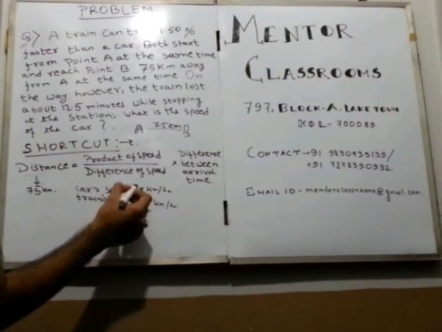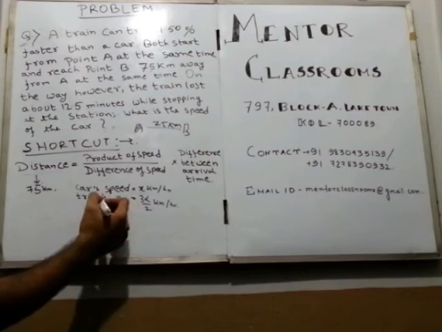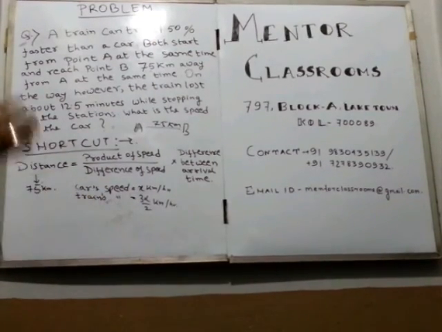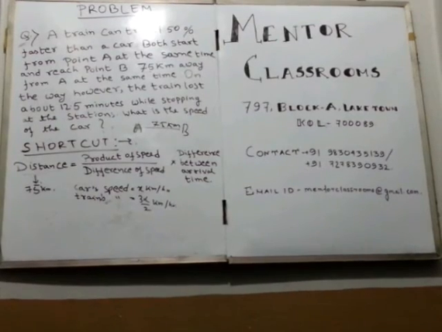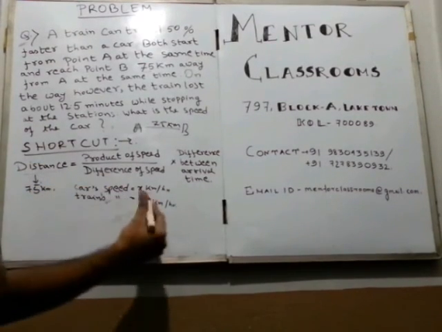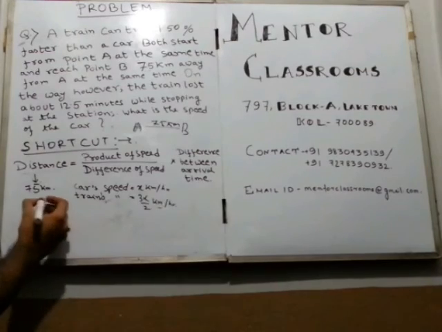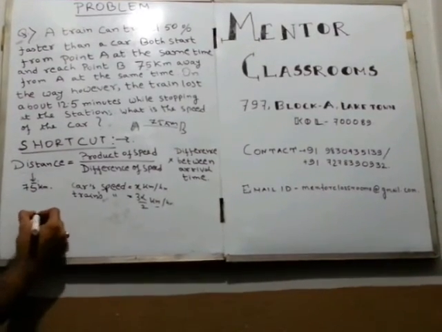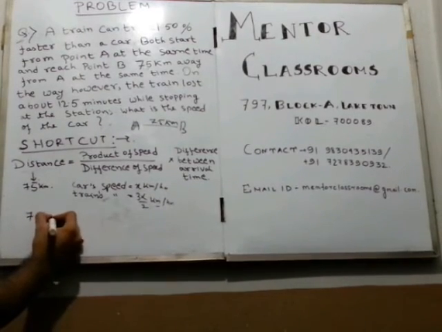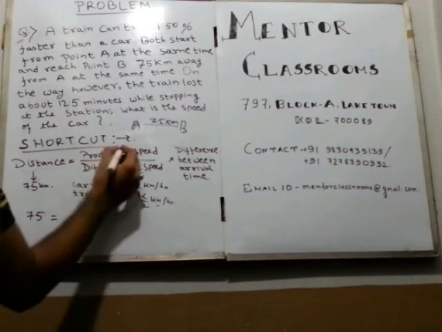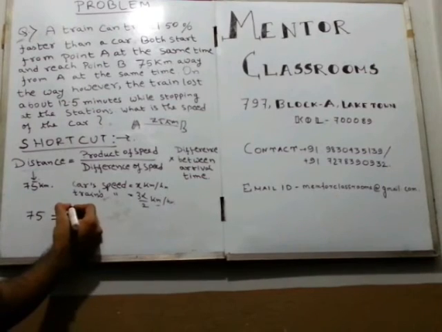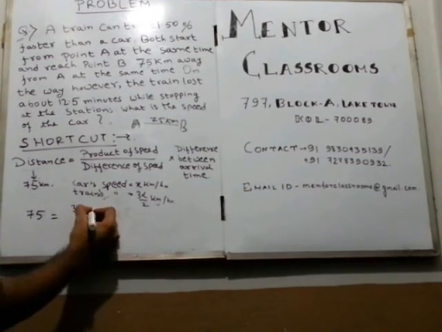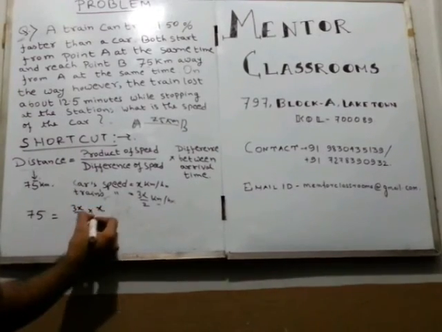As you can see, train speed is 50% more than car speed, so we have taken 150% of car speed. Now let's frame this equation. 75 equals the product of speed, meaning 3x by 2 multiplied by x.